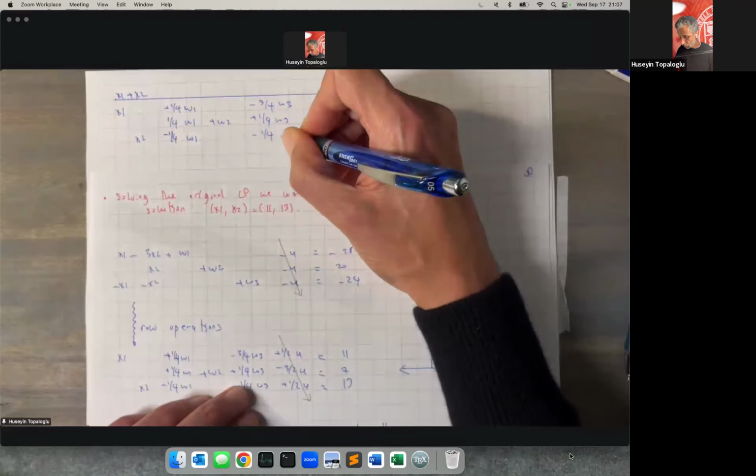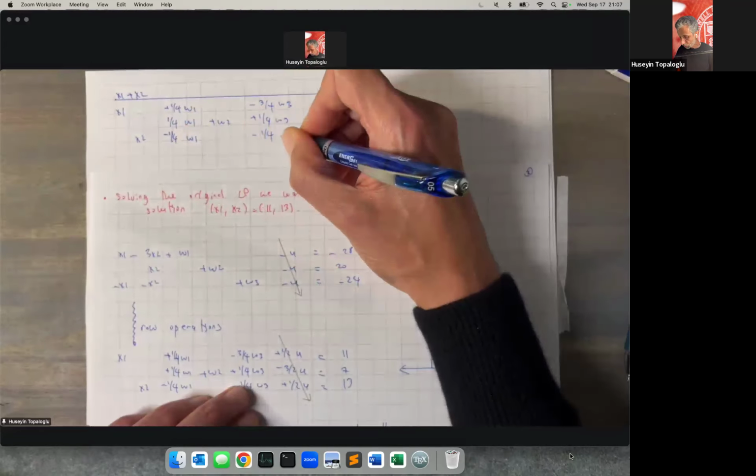x1, 0x1, just 1x1, multiplied by -1, minus x1, plus x1, 0x1. x2, no x2, so their sum is 1x2 multiplied by -1 minus x2 plus x2, x2 goes away. 1 over 4 w1 minus 1 over 4 w1, add them up, 0 w1, multiply by -1, add on to 0 w1, 0 w1. No w2.